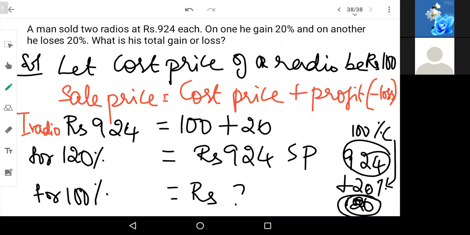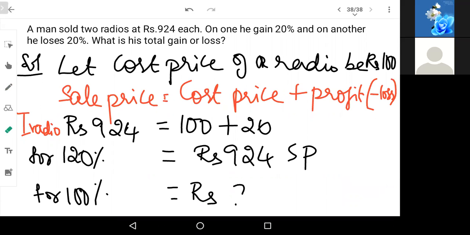So 120% is 924. So what will be the price for 100%? Did you understand this analysis? Before going to the answer, you should understand this. That is very important. Any doubts in this part, or you want me to explain it again? Everybody understood?